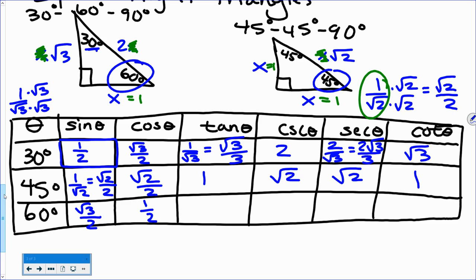That has to equal sine of 30. Tangent of 60 would have to equal cotangent of 30. And then I can use those reciprocals. So cosecant would be 2 square roots of 3 over 3, secant would be 2 over 1, and cotangent would be the square root of 3 over 3.